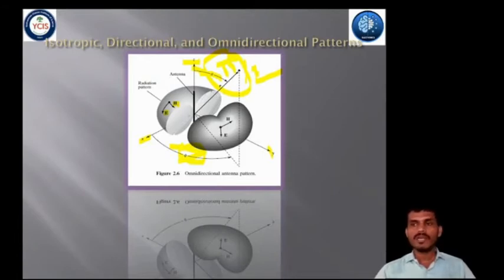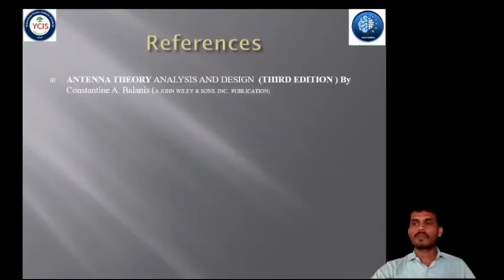The omnidirectional pattern of this figure has an infinite number of principal E-planes, that is elevation planes, and one principal H-plane, where theta is equal to pi by 2, that means 90 degrees. And this field pattern of the antenna can also be considered in the field region of the antenna, that is the far field region.